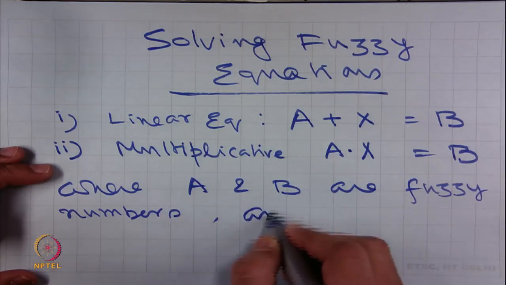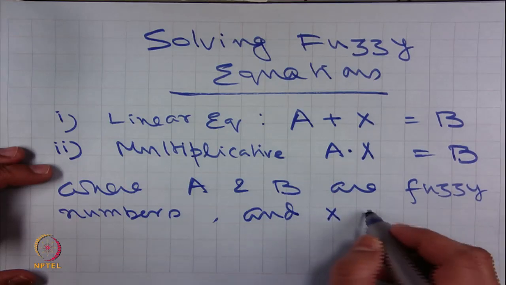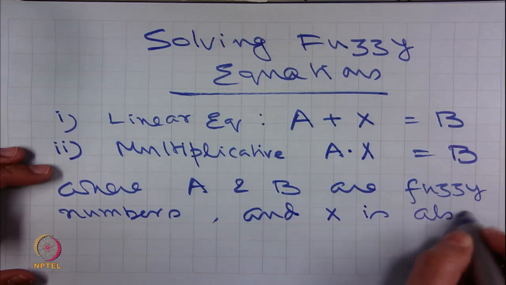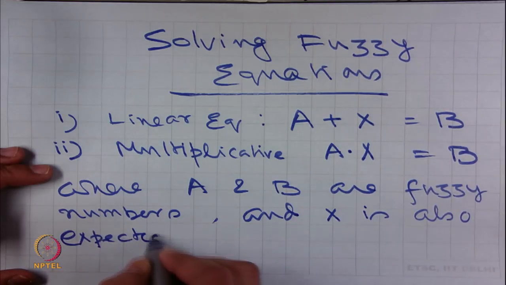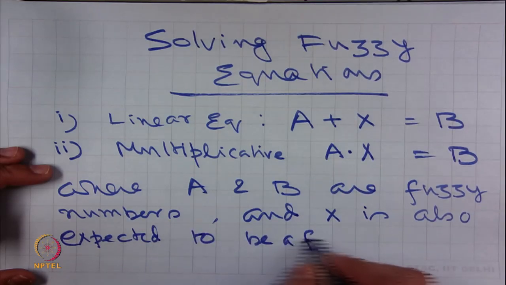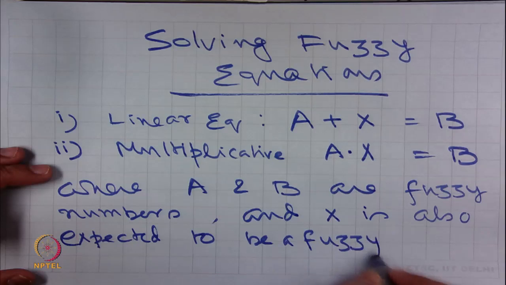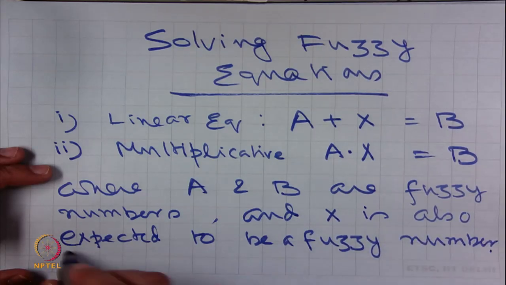and x is also expected to be a fuzzy number. Why am I saying expected?